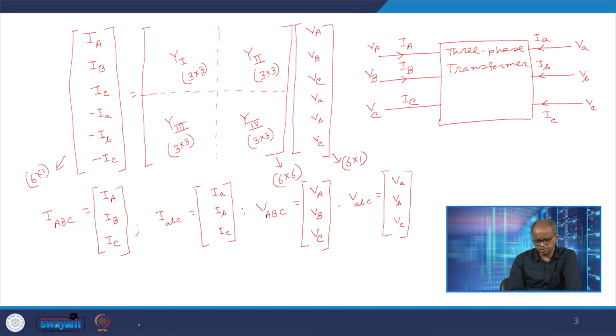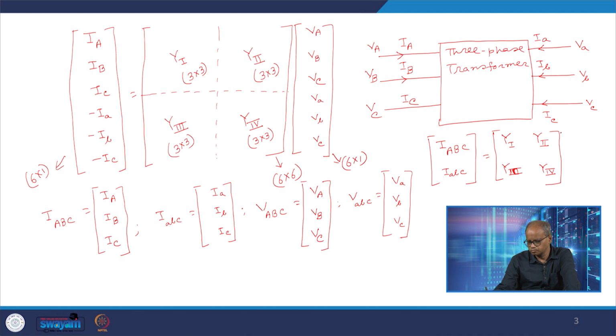If this is the representation, then this matrix can be represented simply as: the vector I A B C and I small abc is nothing but Y1, Y2, Y3 and Y4 acting on V A B C and V small abc. So, that would be the vector representation.